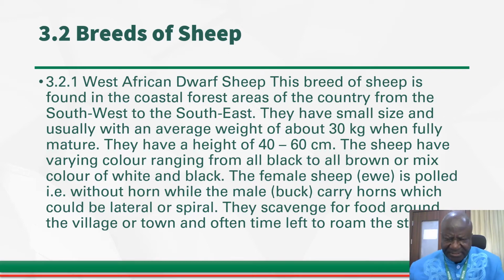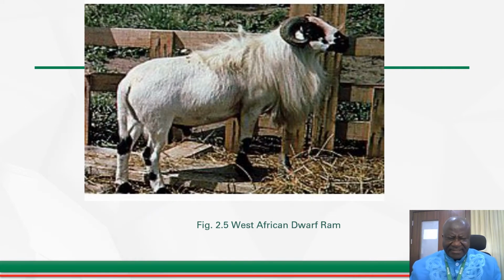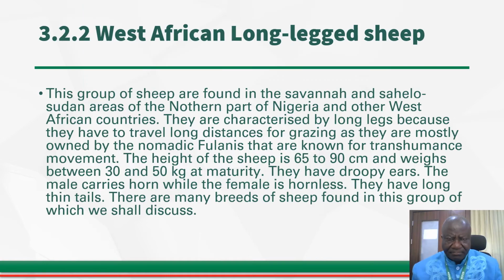The female sheep or ewe is polled, without horns, while the male or ram carries horns which could be lateral or spiral. They scavenge for food around the village or town and are oftentimes left to roam the streets. This is a typical picture of a West African dwarf ram.